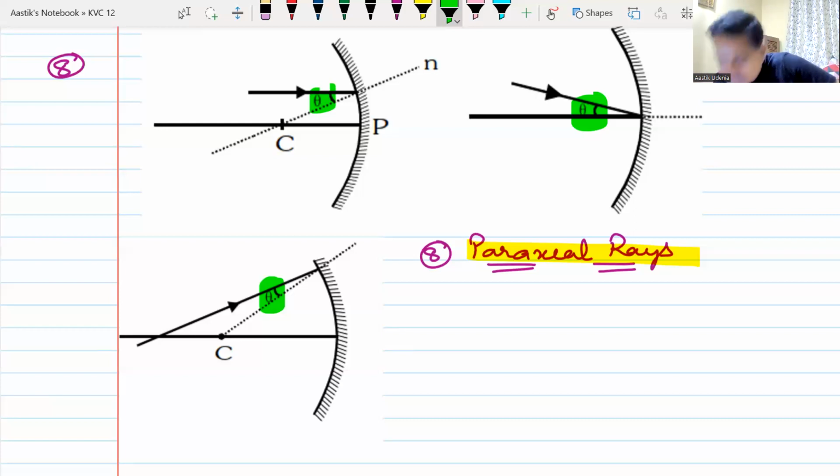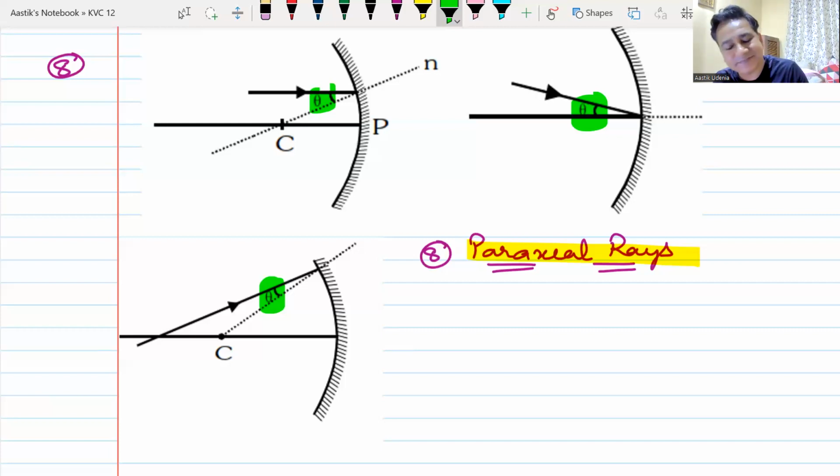Angle of incidence. Yes. Now you will say, sir, if the angle of incidence is small, the angle of reflection would also be small. Yes, you are correct. But what is drawn in the diagram is not the angle of reflection, but the angle of incidence. So basically, parallaxial rays means those rays which have very small angle of incidence and they are very close to the principal axis.